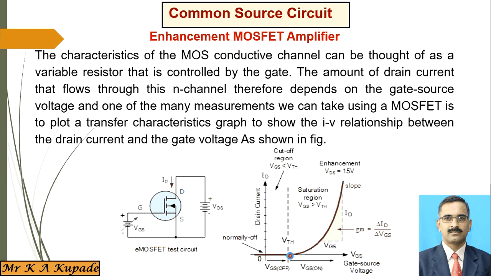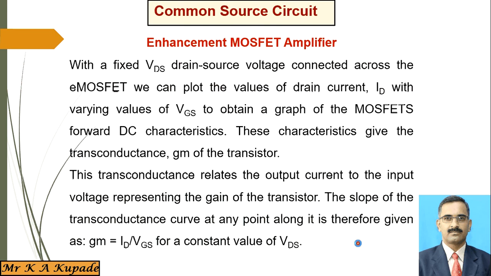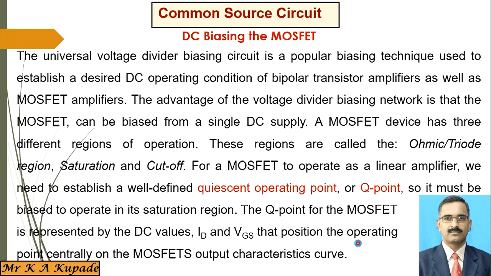Now, after that, if VGS reaches VTH and you keep increasing VGS, then there is an increase in the current, and this slope is shown as the saturation region of the MOSFET. From this slope you get the transconductance gm. Okay.